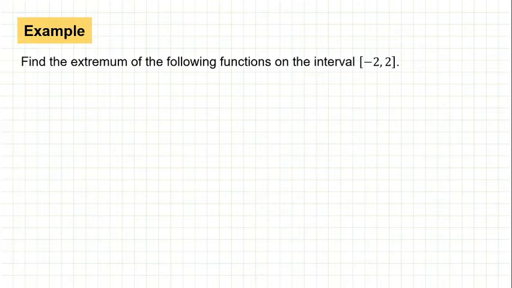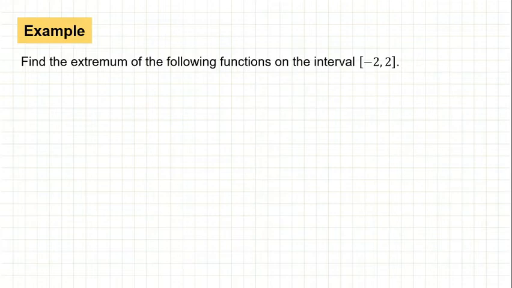So from here, since we are going to find the extremum of the function, therefore, we need to solve first for the critical points and the endpoints of our function. Since according to the EVT, or the extreme value theorem, the extremum always exists and it occurs at the endpoints or at the critical points of the functions.